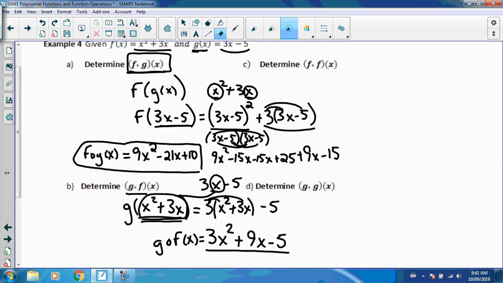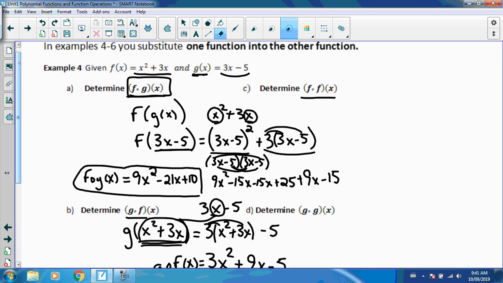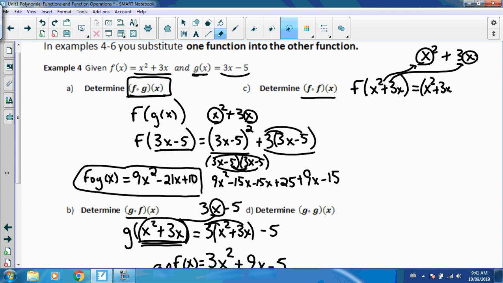So in this one, I'm putting the function of x into the function of x. So I'm not dealing with g at all. I'm going, what is the function of x squared plus 3x? Remember, originally it was x squared plus 3x. So this x is going to be replaced with that, and this one too. So I'm going to have x squared plus 3x squared plus 3 times x, which is this function.